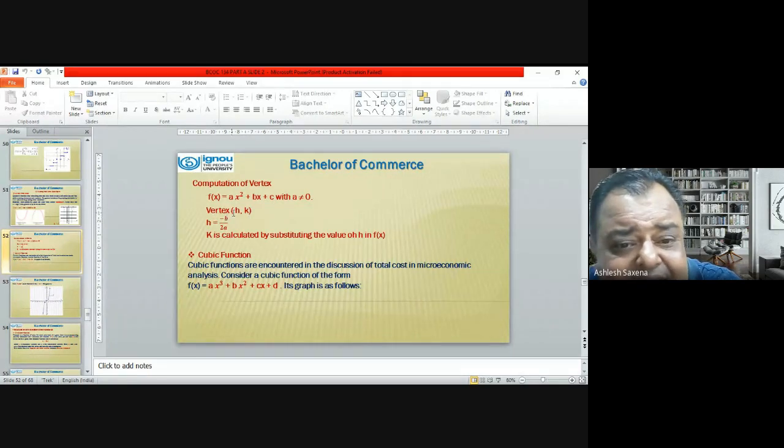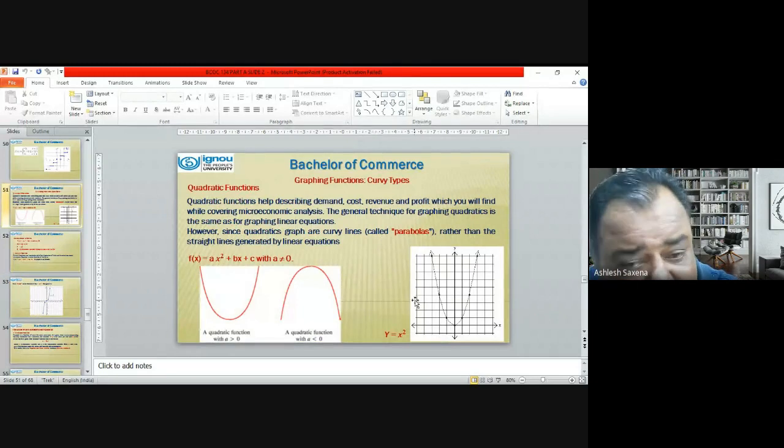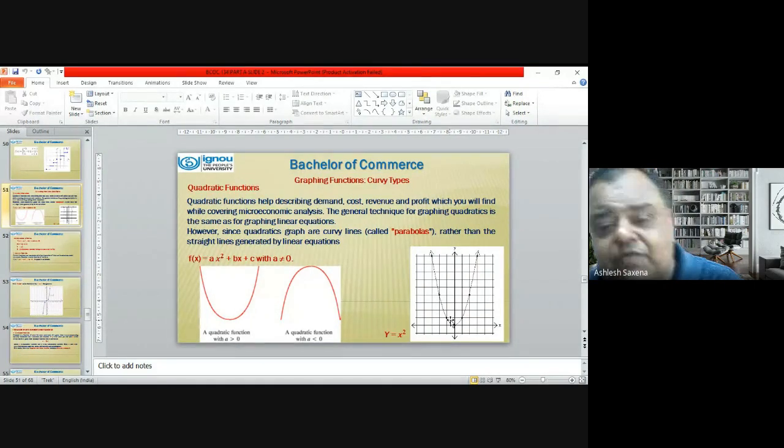Your vertex h is -b/2a. And for calculating k, you have to put this value into this equation. You will get a value of k. That means you will straight away get your answer in terms of h and k. And h and k will depict this point where the parabola is going to turn.